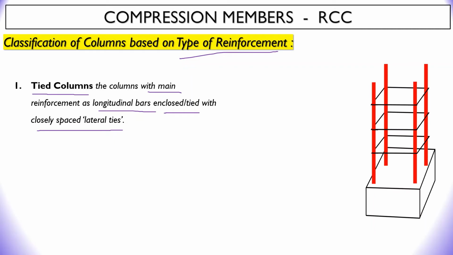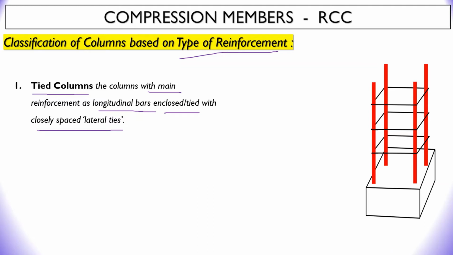Now in this diagram you can easily see and imagine what the shape of the column will be. It is a rectangular type of column, and these red color bars are showing the main reinforcement, and these black color rings are the lateral ties.